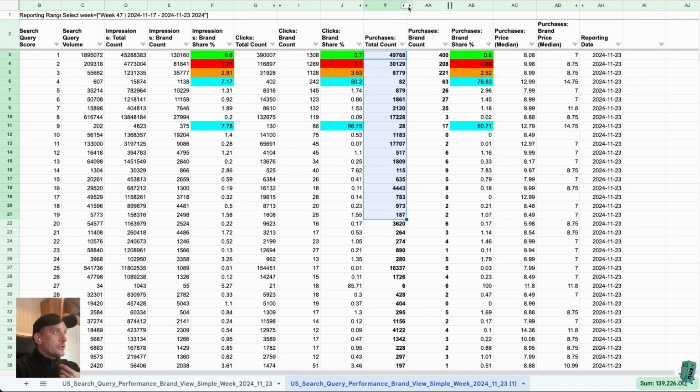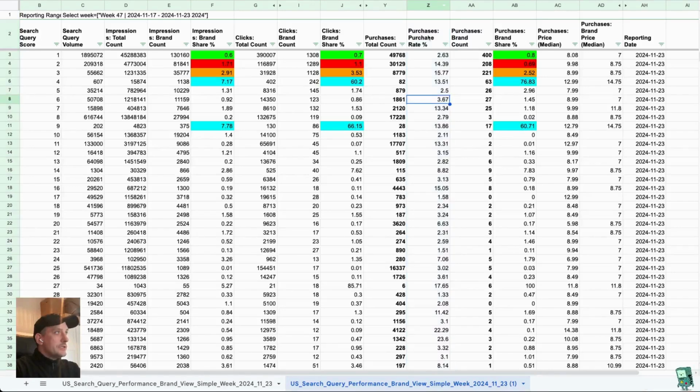And one metric you can also use to do relevancy is your purchase rate. If the purchase rate is very low, it tells you that this term is for the whole market, more like a shopping term, more like a window shopping term, and not a purchase term. People are entering the market on a certain term. Let's say they're looking for a car vacuum.